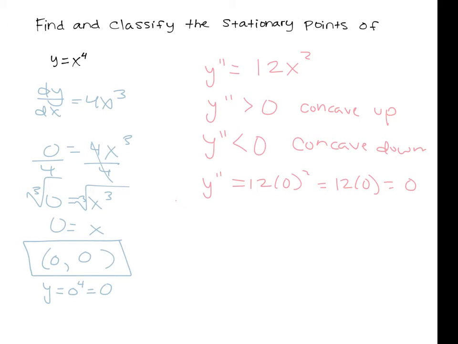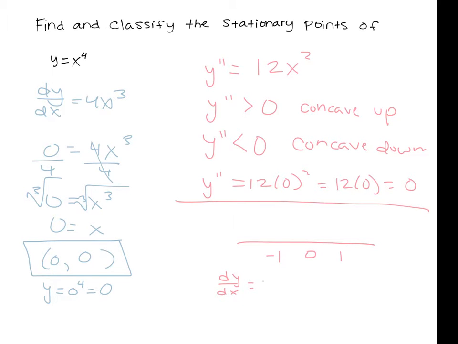And so if we use a sign test, we're going to put the x value of our ordered pair, and then we're going to pick an x value to the right of that on our number line and to the left of that on our number line, and we're going to plug them into our first derivative.